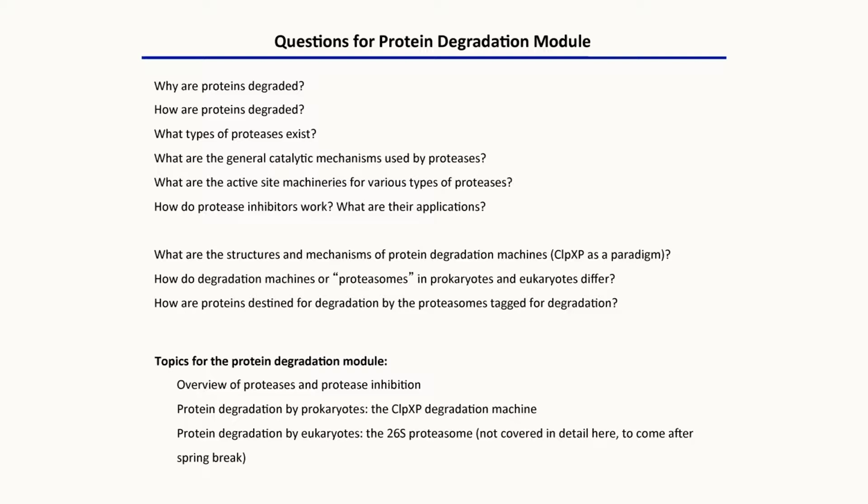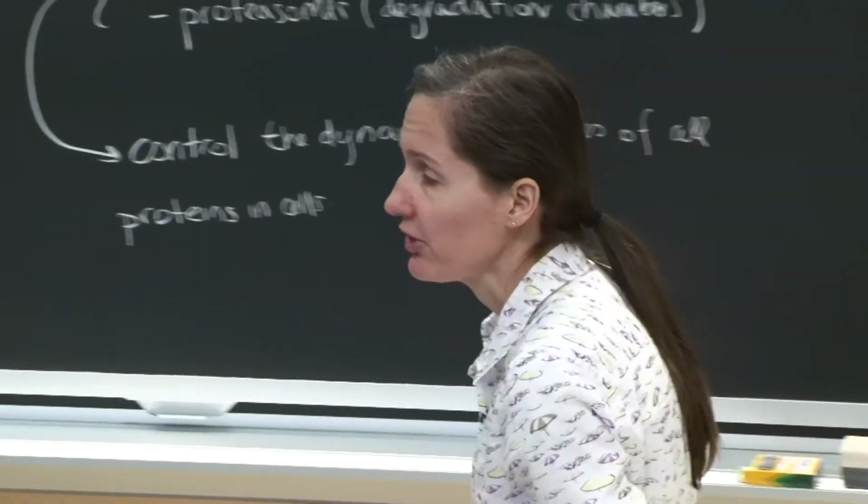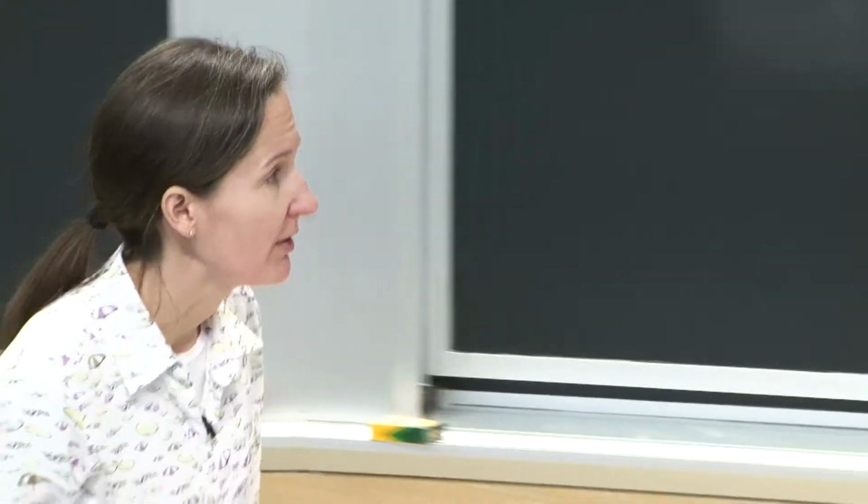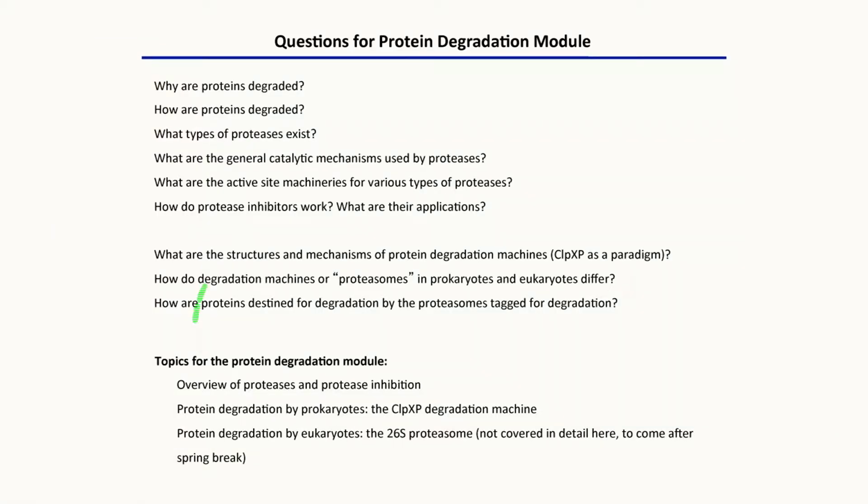We won't talk about it as much immediately here, but we'll come back to that later. And how are proteins that are destined for degradation by a proteasome tagged to get to that destination? So here are our topics: an overview, which is where we'll focus today, and then looking at ClpXP, and down the road, the 26S proteasome.